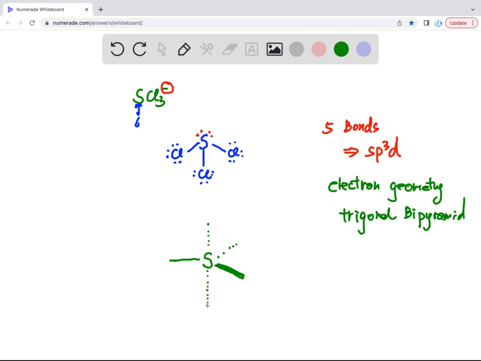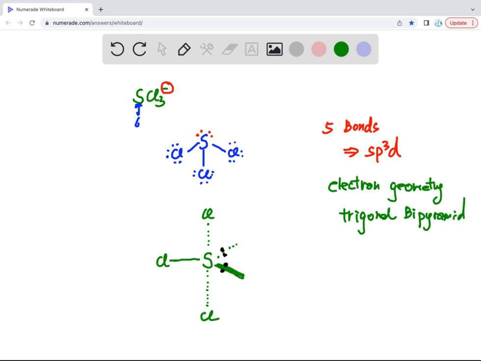But in this case, it's a little bit complicated because you have 2 lone pairs of electrons. 2 positions will be occupied by the 2 lone pairs. So you'll find that the 2 lone pairs will occupy the 2 equatorial positions. And for the other 3 places, you get chlorine, chlorine, and chlorine.